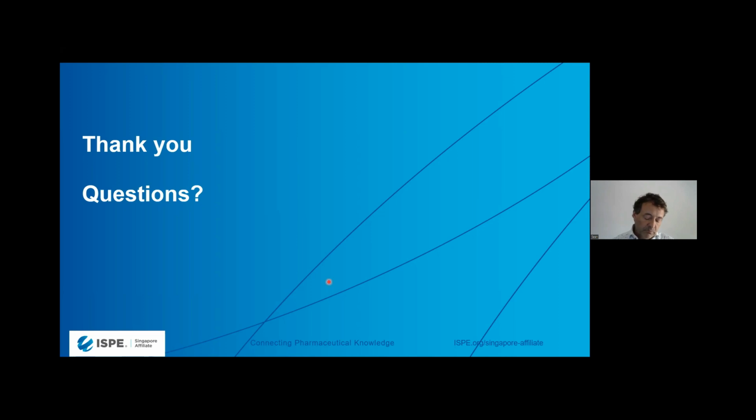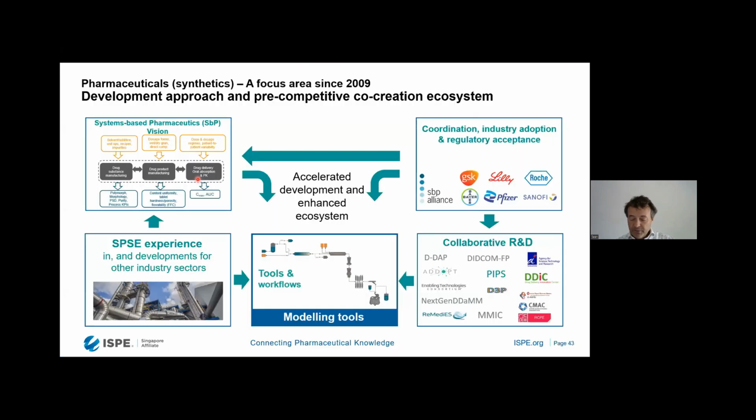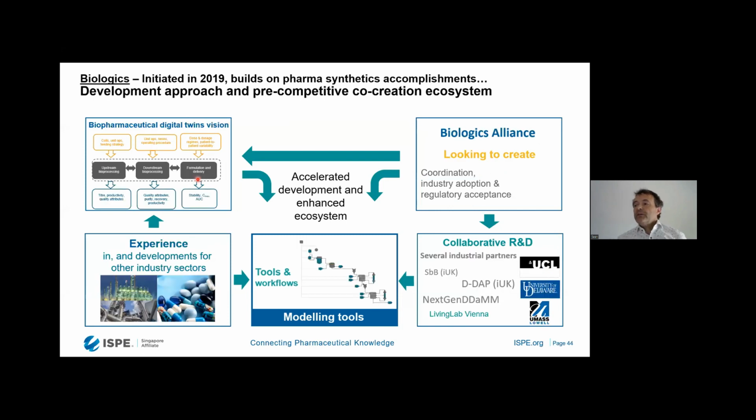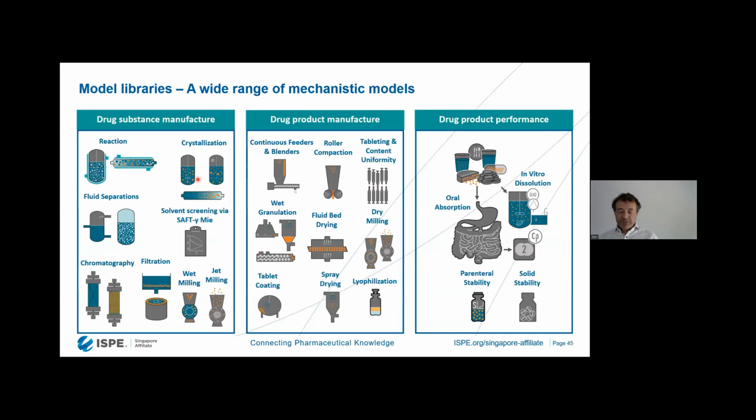I have a slide here which may be useful. I'll include these in the slide deck as well. This just shows some of the ecosystems we're involved in for synthetics and biologics. If you look at the mechanistic models available within the software environment, of course, we have a tableting model.